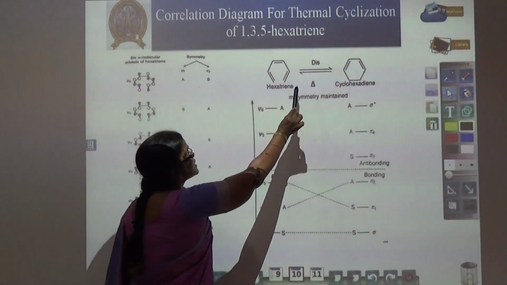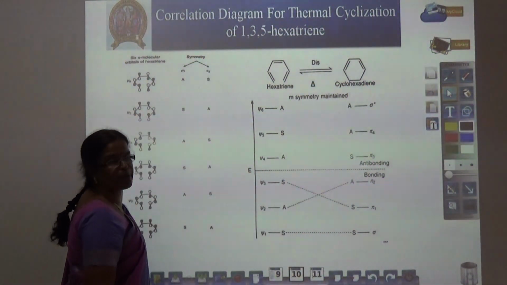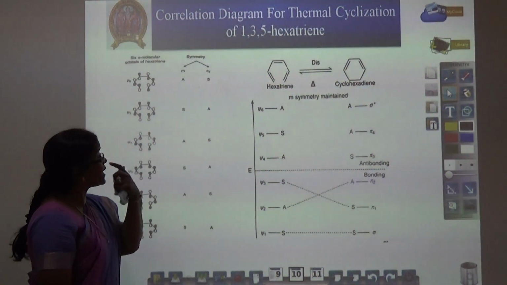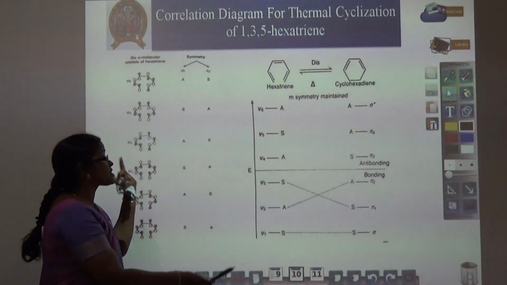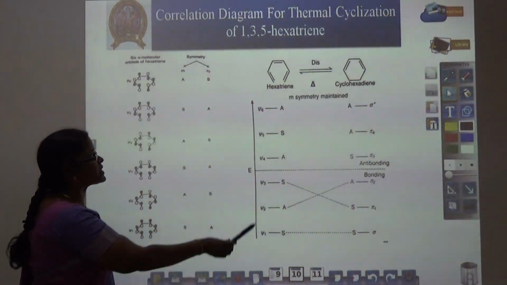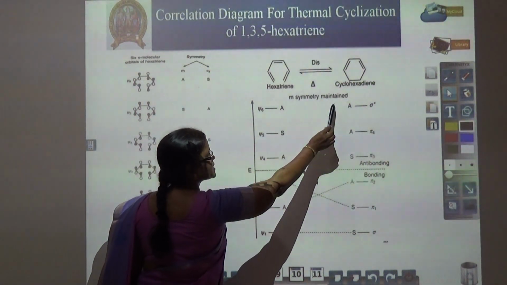So, this process is a thermal process; the triangle always expresses heat. In the thermal process, the allowed rotation is disrotation. Disrotation means the acquired symmetry is mirror plane symmetry.